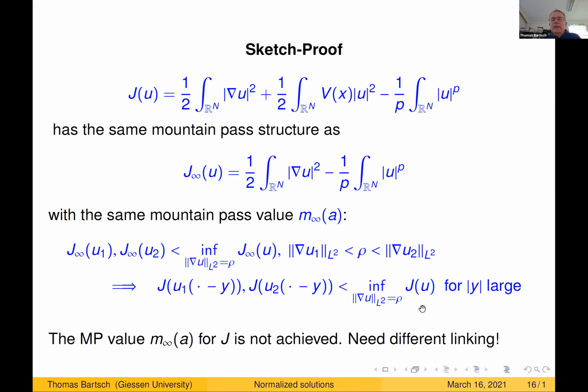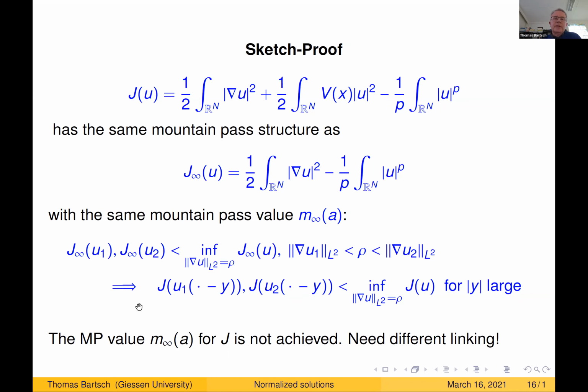And the infimum of J on the L2 sphere, when the gradient of u has the L2 norm rho, is even larger than this J infinity, because V is greater or equal to 0. So J of u is greater or equal to J infinity of u.